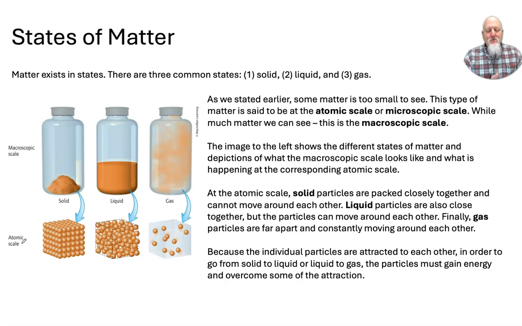So that's the fundamental difference between solid, liquid, and gas. Now, the main thing that's occurring here is that there's attraction between these particles. So all those particles that are depicted by those orange spheres, they're attracted to each other. So when the particles don't have much energy, they're solid. They stick together because they're attracted to each other.